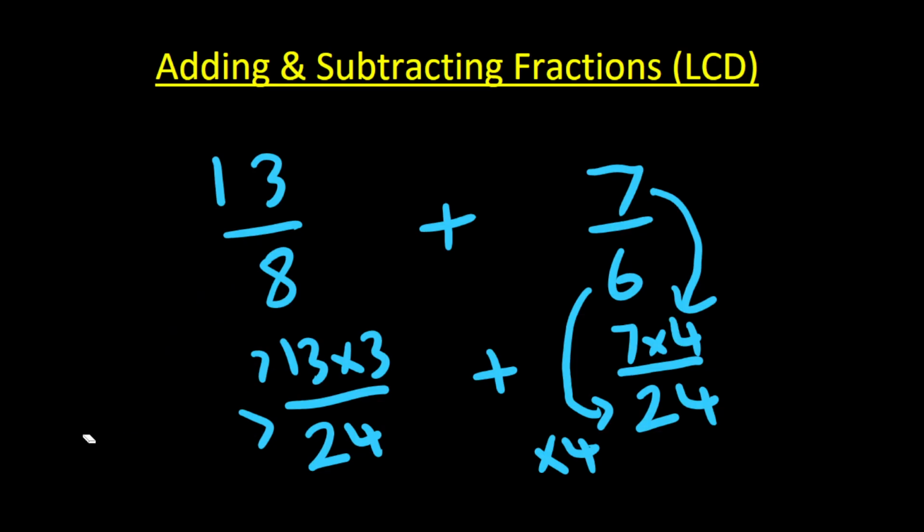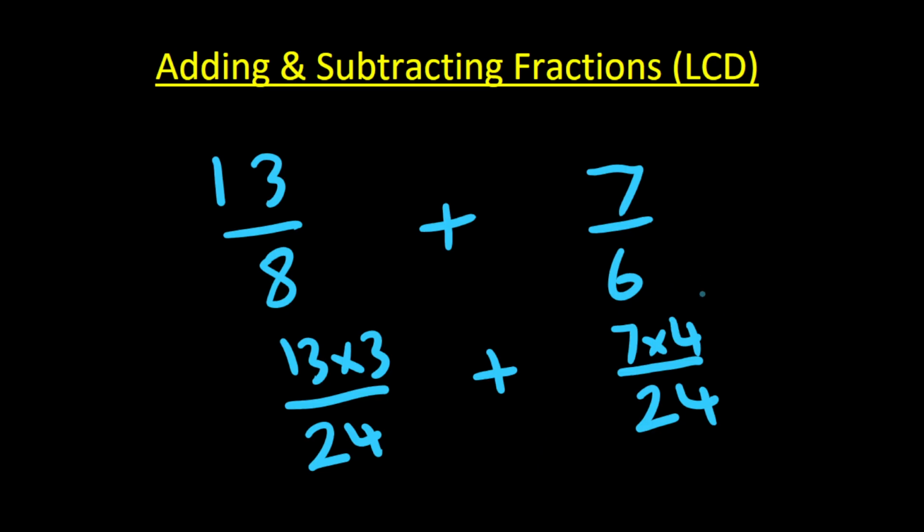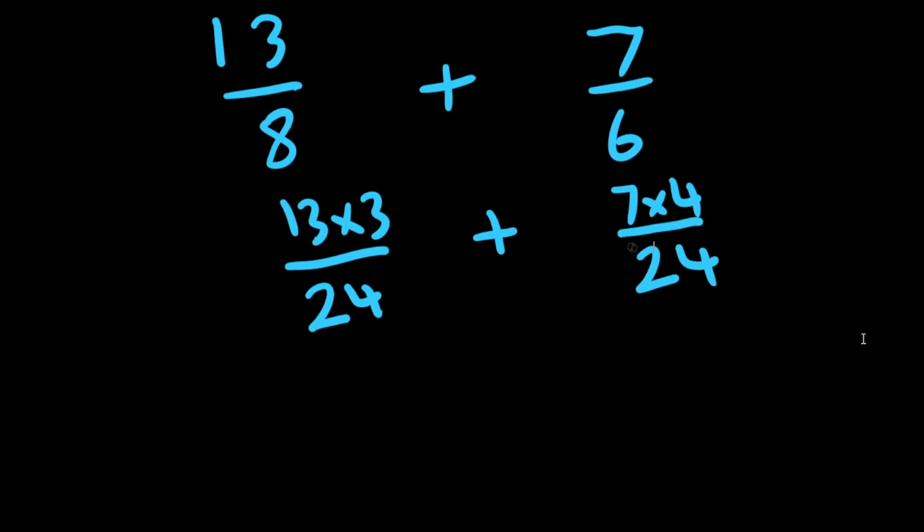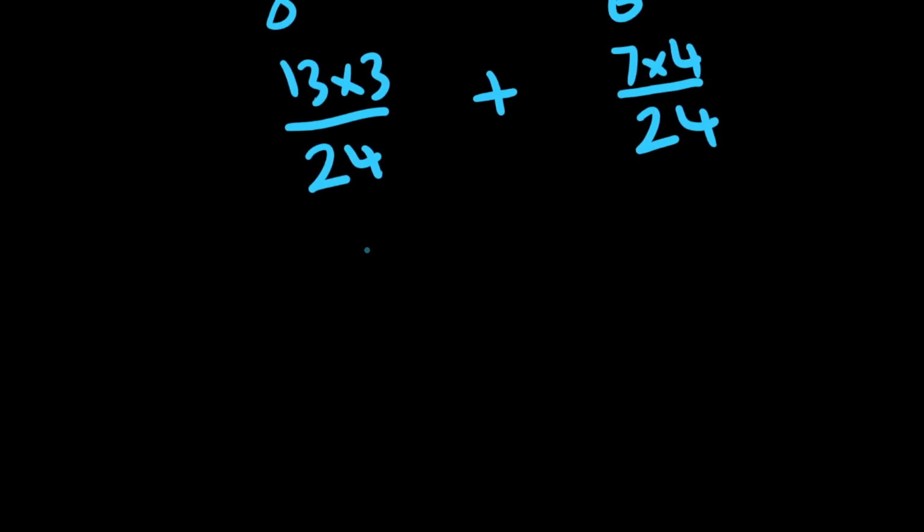Let's erase these and let's go ahead and multiply them out. So right here, scroll down a little bit. What is 13 times 3? That's 39. And what is 7 times 4? That is 28.